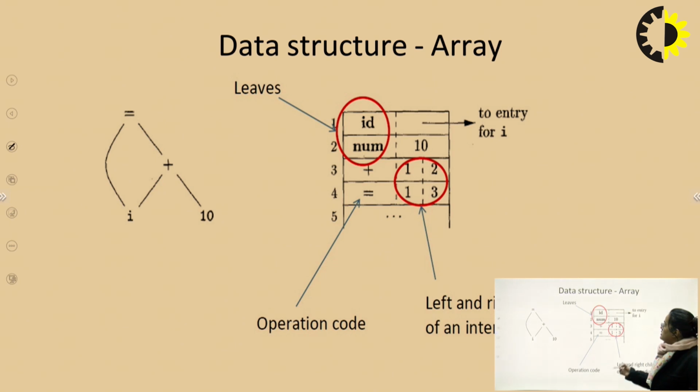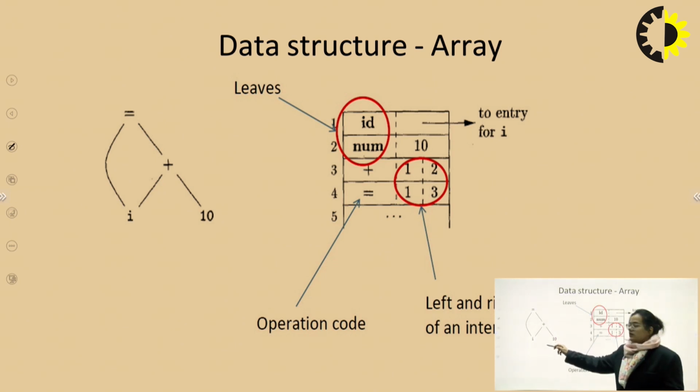So this is the array data structure for a DAG. This is a DAG and this is the array representation of this particular DAG.